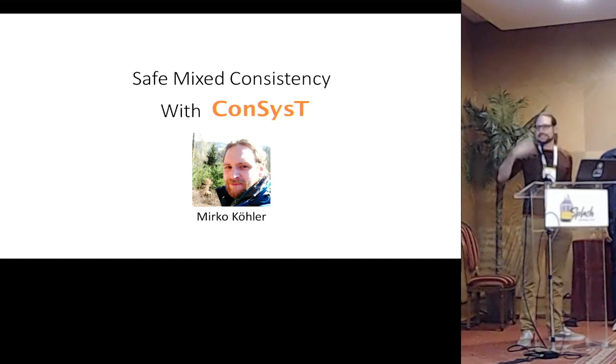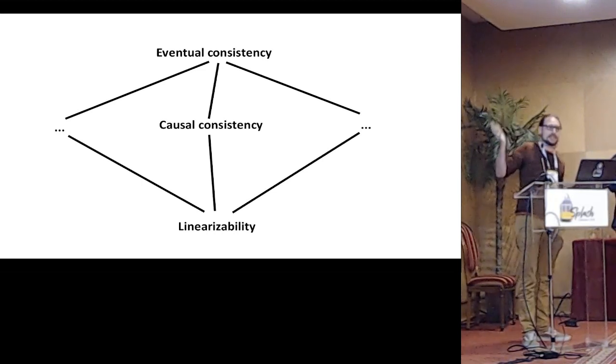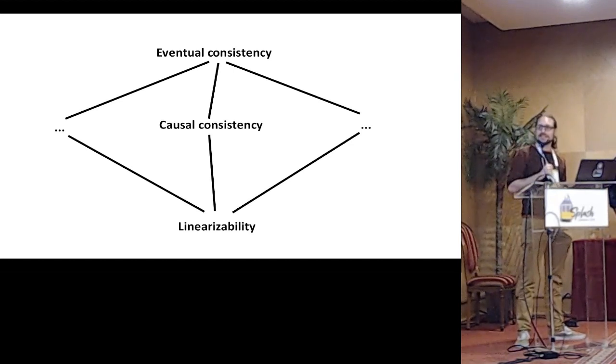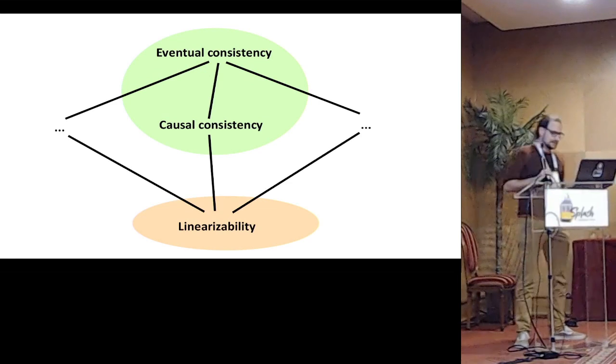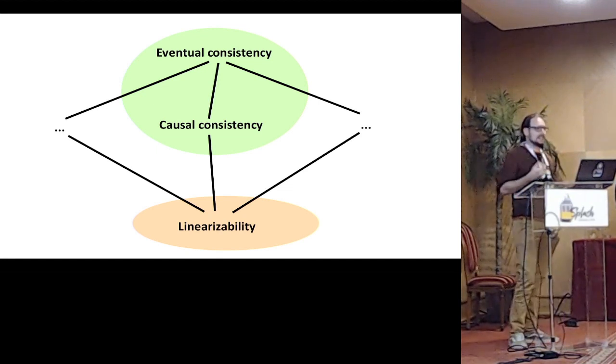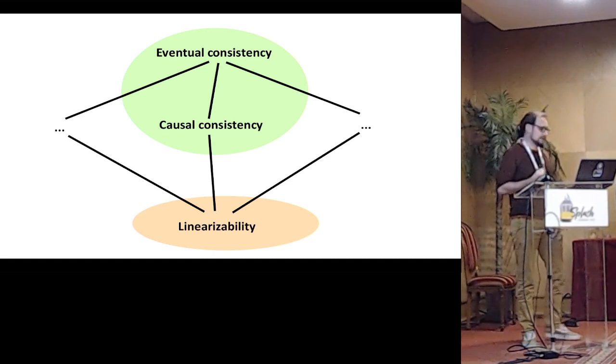Now we heard about correct CRDTs and eventual consistency, and now I want to go a bit beyond local first and start with this picture that we actually had in the talk in the morning, where we had different consistency models, and we said that local first applications kind of flow into the space of what I call here weak consistency, which are consistency models where you can have temporary inconsistent replicas.